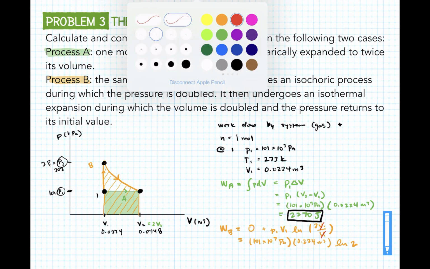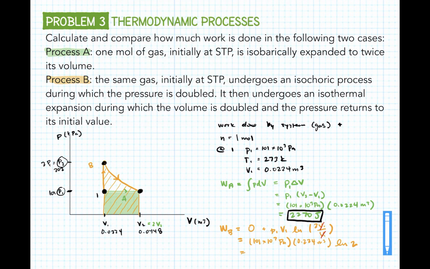You plug all that in, and it should give you something a little bit bigger than the last one, so 3,140 joules. That makes sense just looking at this, because you can see that this area should be bigger than the green area. So we have positive work for both of them, and process B is going to do more work.